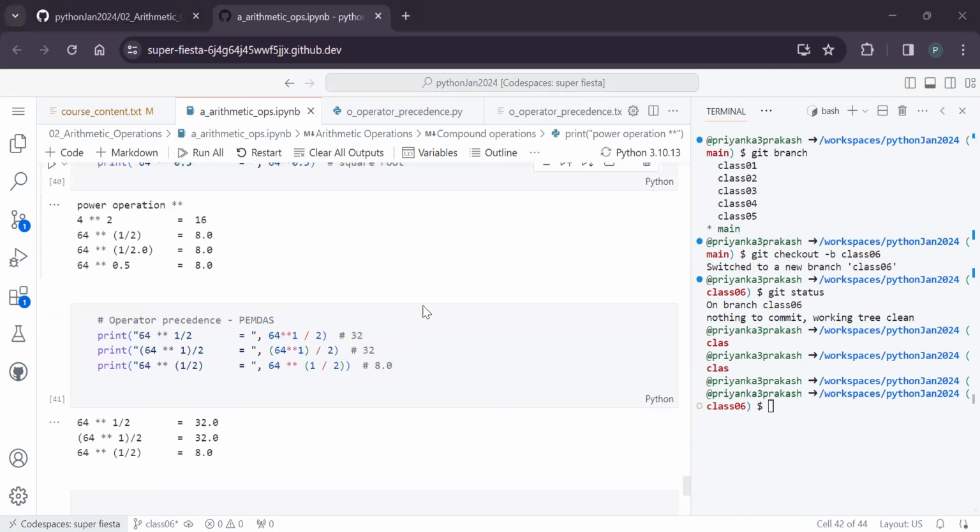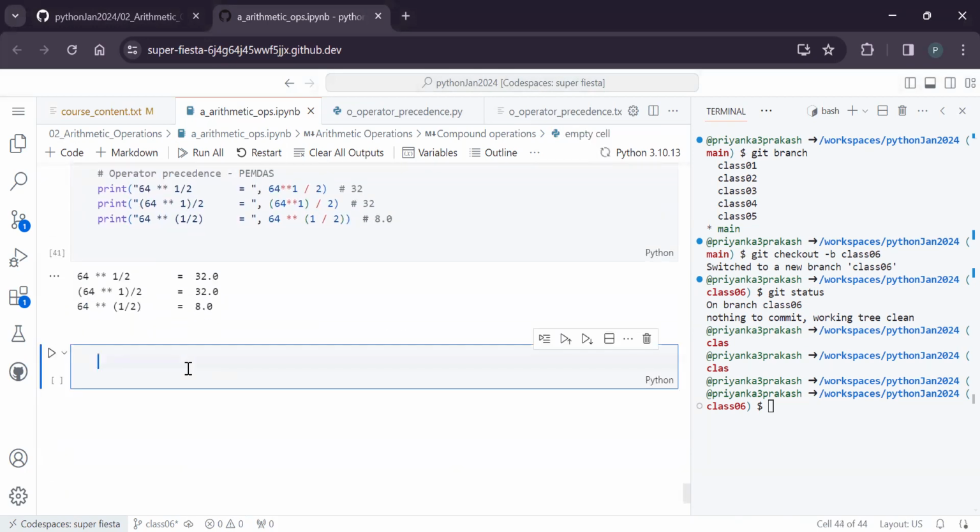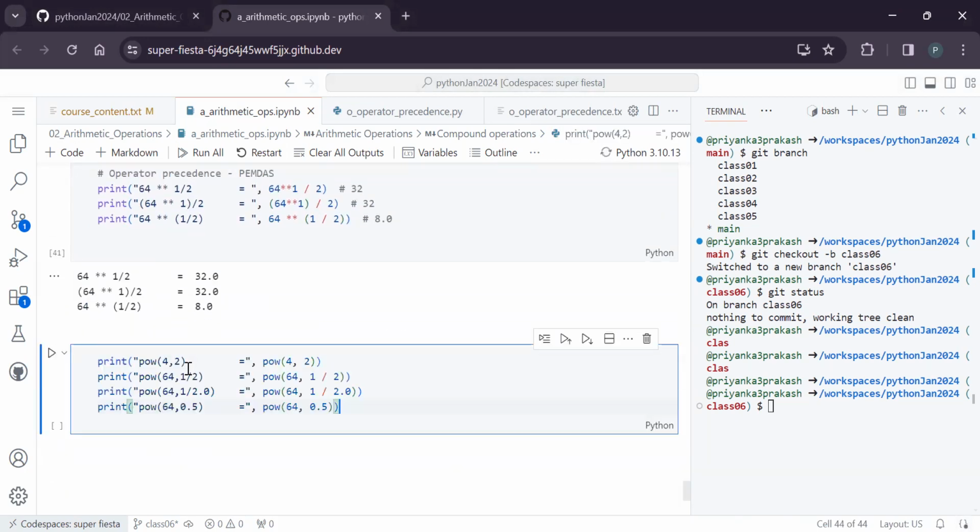That's where they worked on something called the power built-in function. Earlier in Python 2, when this was introduced, before that they didn't have any operator. So they created a power built-in function. Nowadays very few people are using it, but still this built-in function is there.